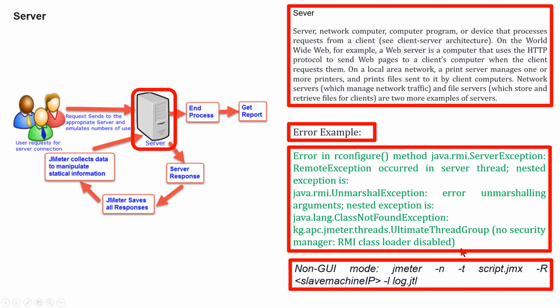Error in rconfigure method: java.rmi.ServerException: RemoteException occurred in server thread. Nested exception is java.rmi.UnmarshalException: error unmarshalling argument. Nested exception is java.lang.ClassNotFoundException: kg.apc.jmeter.threads.UltimateThreadGroup. No security manager: RMI class loader.